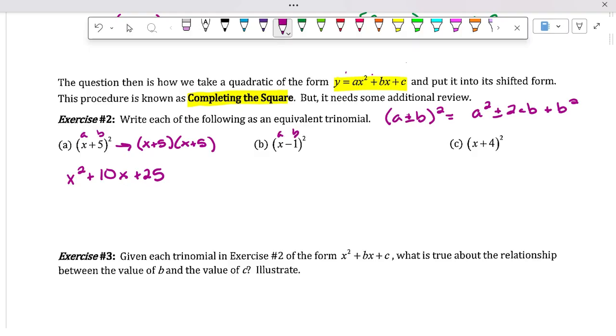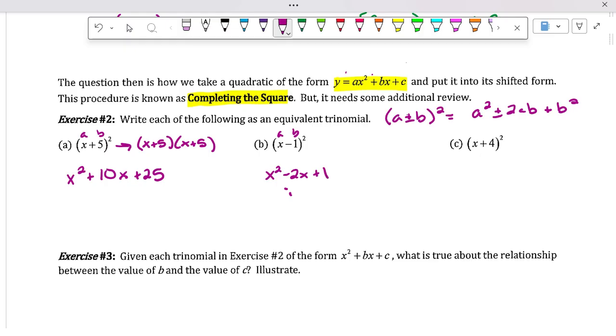What's this one? So here's a, here's b. What's a squared? Guys, what's x times x? X squared. All right, negative 1 times x is negative 1. What's that times 2? Negative 2x, and then plus 1.